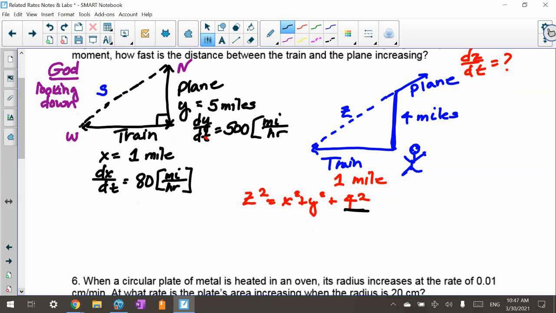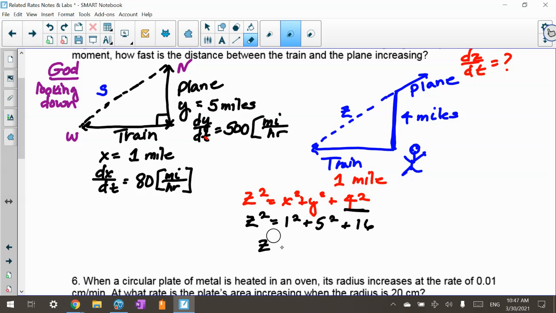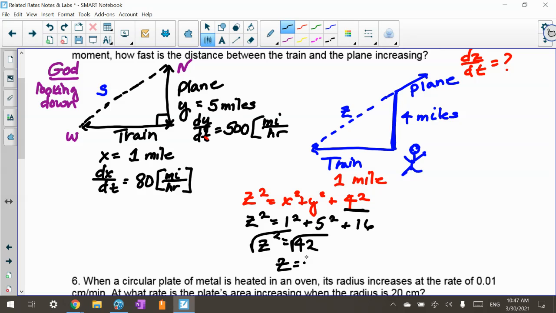So I plug in everything I have: z squared equals 1 squared plus 5 squared plus 16. You add that all up and you get 42. So z squared equals 42, and when I take the square root of both sides, z is radical 42 miles. That you need to have.